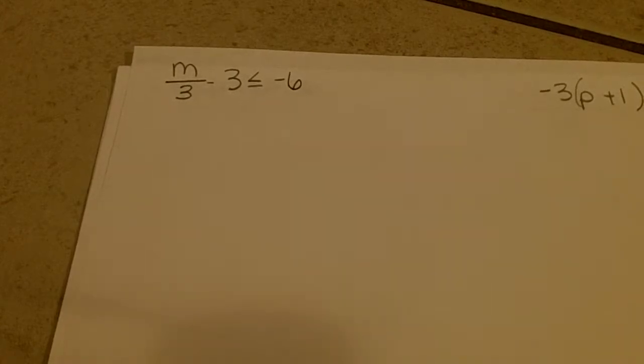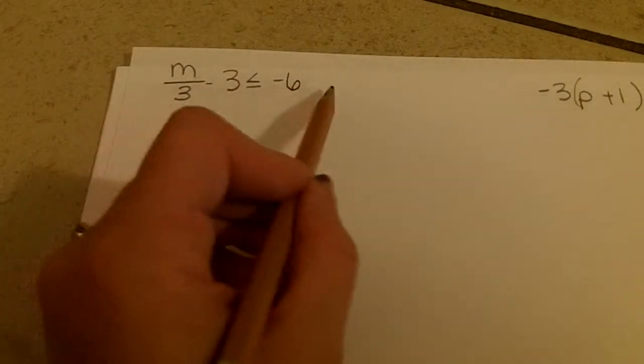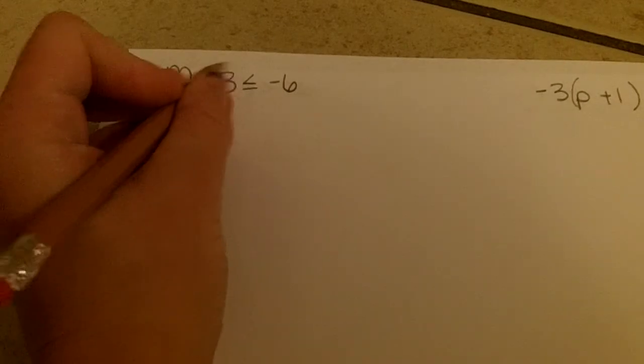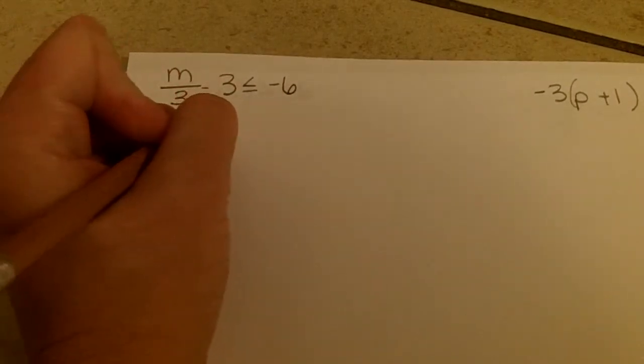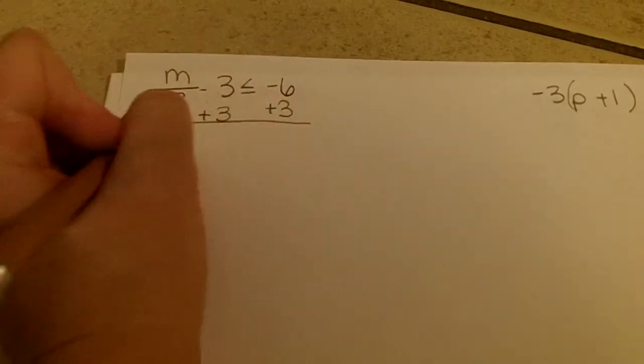Alright, so I'm going to go through the steps that we put in our foldable in our journal this past Friday when we did special cases. First thing I'm going to do is combine and distribute on both sides. I don't have anything to do there, so now I'm going to get rid of my added or subtracted term. To get rid of that minus 3, I'm going to add 3 to both sides.